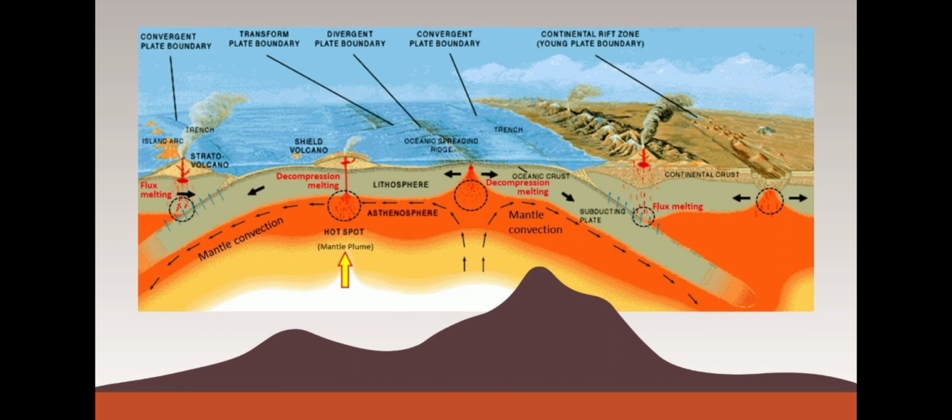When the plumes reach shallow depths, decompression melting occurs. Decompression melting occurs when pressure on hot mantle rock is reduced as it rises towards the Earth's surface.